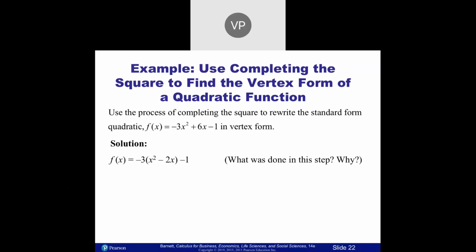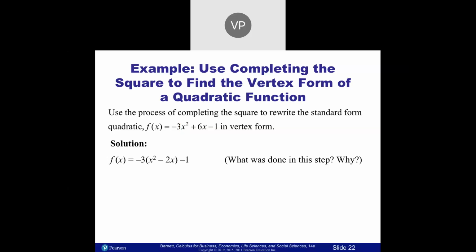Okay, so the first thing we're going to do, and they ask you what was done here and why, but I'll tell you, you're going to factor out of the first two terms. So these two terms right here, we're going to factor out whatever number it is, and basically you want to keep the x squared by itself. You don't want anything in front of that x squared. So how to do that?